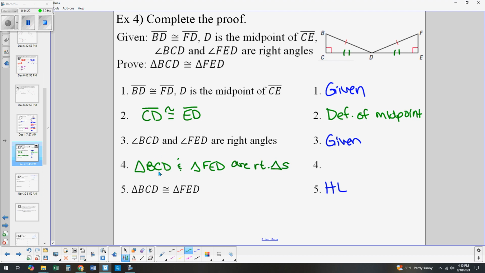So I'm saying that triangle BCD and triangle FED are right triangles, and that's by the definition of right triangle. And now I'm able to use HL. So anytime you want to use HL in a proof, we're going to need to include the step that those are in fact right triangles.